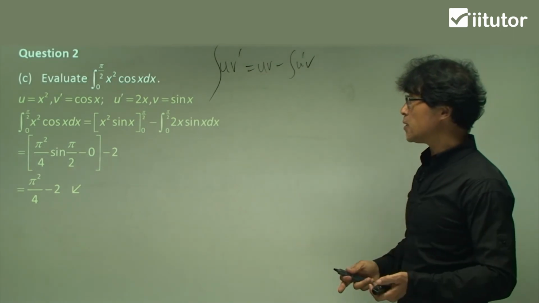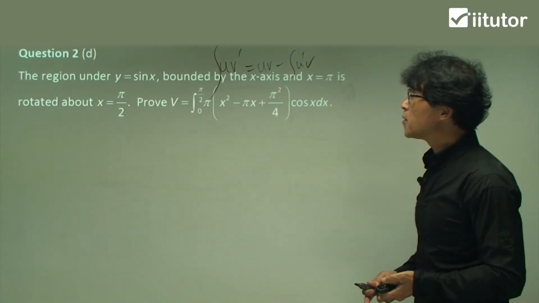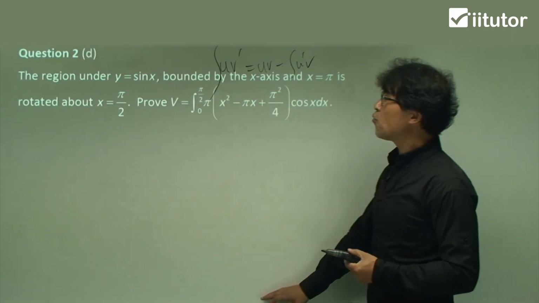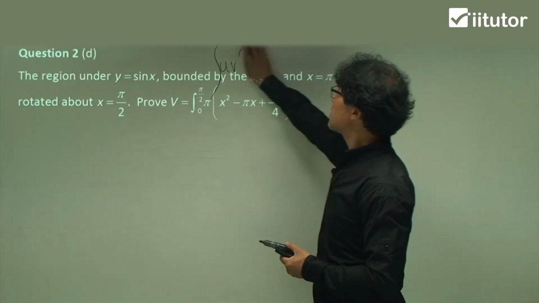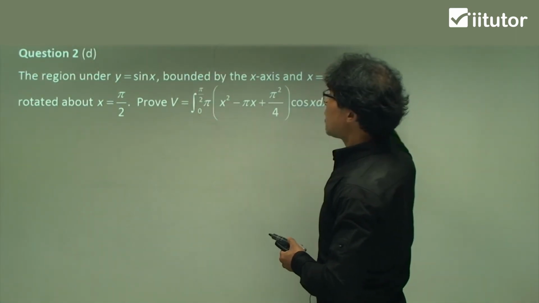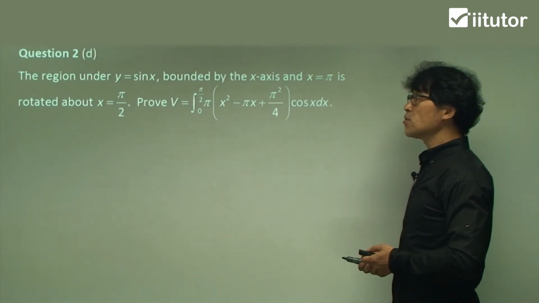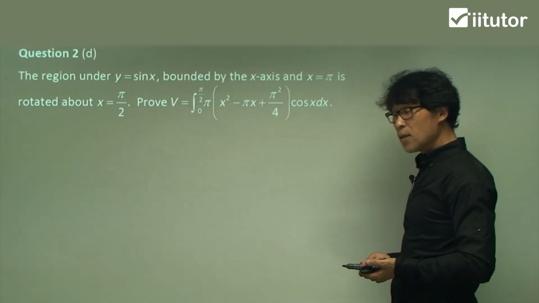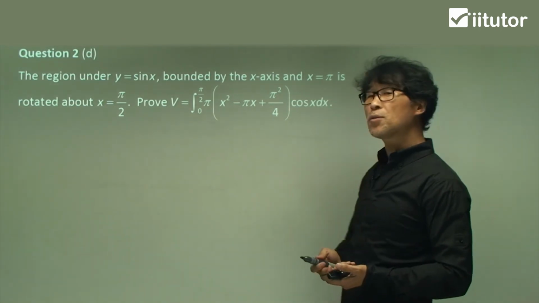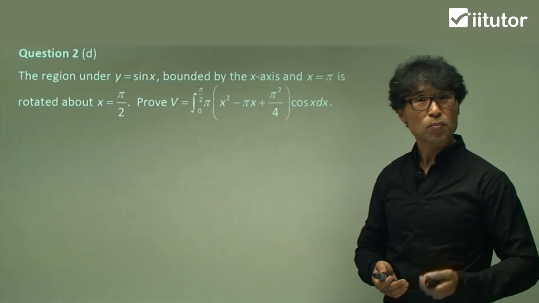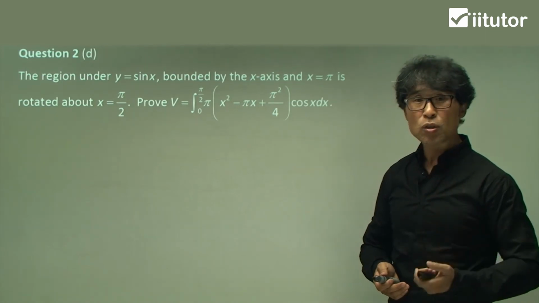Easy. Now, part D, okay, the region under y equals sin x, bounded by the x-axis and x equals pi, is rotated about x equals pi on 2. It asks us to find the expression of the volume. What do you need to do?